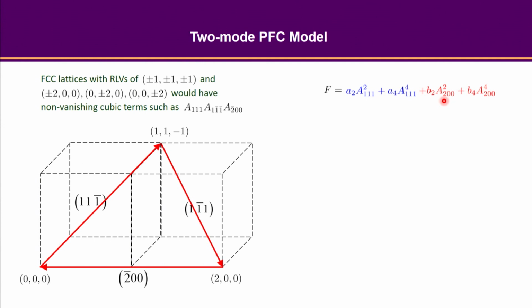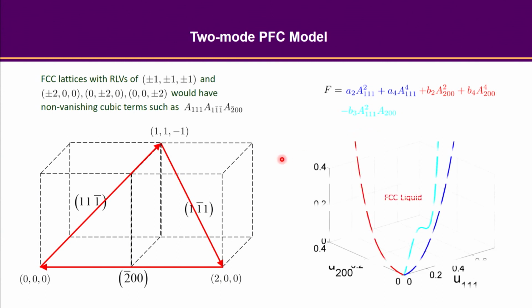Always, if you pick one that is 2, 0, 0, the other one is minus 2, 0, 0, but you still have a third one. So you can never get triads in the reciprocal space. But because of those two, you are picking up this minus A111 squared times A200 term. So if I only go along the 200 direction, it's only a pure quartic function. There's no 111 contribution. The same thing for A111.